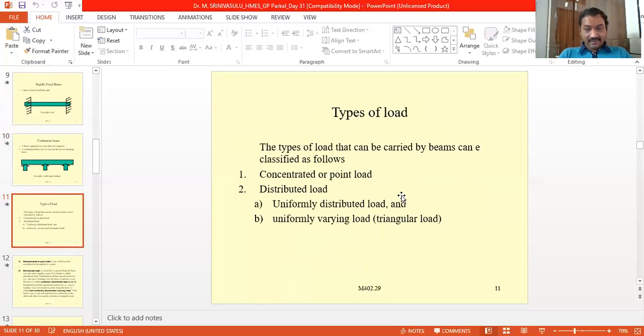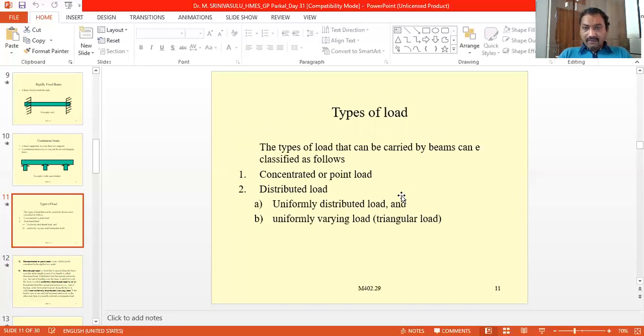So they are the beams. Now coming to the loads, because different kinds of loads are acting on the beam. So first of all, we should know what the loads are and how they produce the effect on the beams.